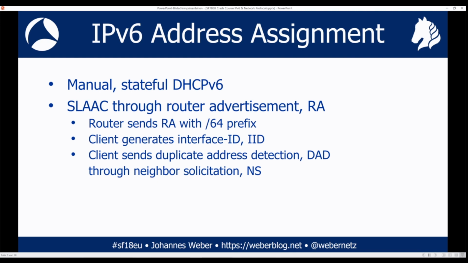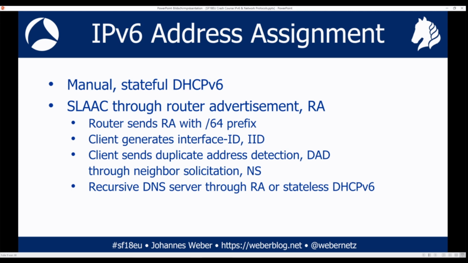We will see the neighbor solicitation again in a couple of slides. This process is called duplicate address detection. However, this packet is not called DAD, so you can't search for DAD packets in your Wireshark trace file, which is a little bit complicated because you must search for neighbor solicitations to find those messages.